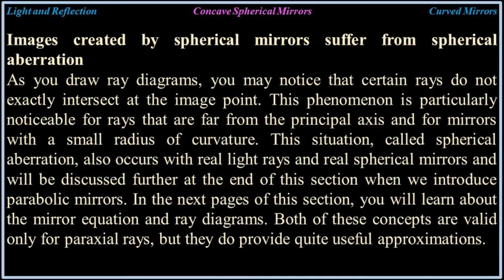In the next pages of this section, you will learn about the mirror equation and ray diagrams. Both of these concepts are valid only for paraxial rays, but they do provide quite useful approximations.